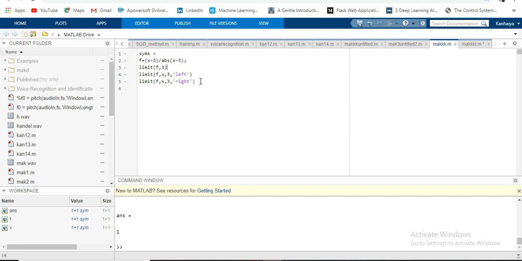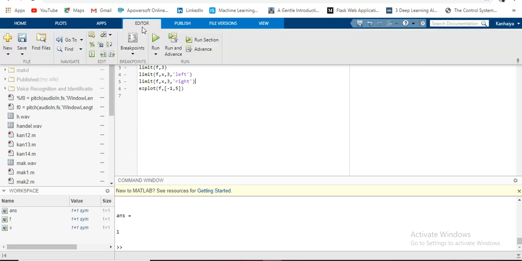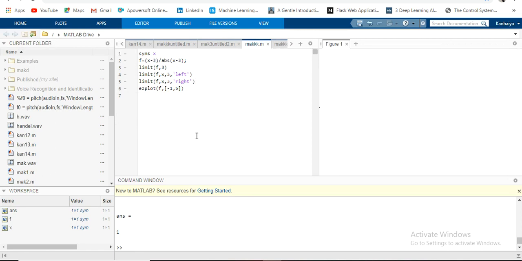It has a discontinuity. We can plot its discontinuity. We will use ezplot, ezplot f comma, we can specify the axis also, or by default it will take its own. Let's run it and see the point of discontinuity on the graph.